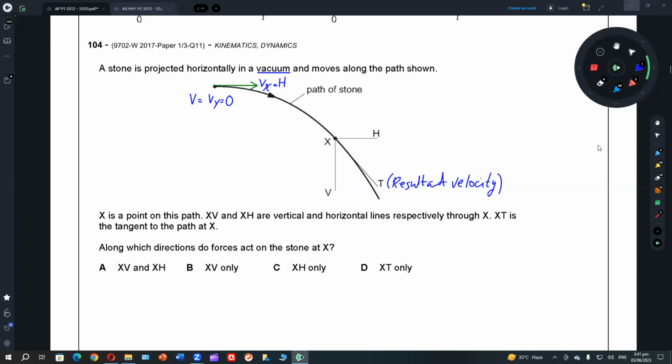There is no air resistance, so there is nothing opposing the horizontal component. And when something is coming down, which force is getting it down? The gravitational force, the weight. He's not asking for the force itself. There is no horizontal force, and there is a gravitational force in the XV direction.